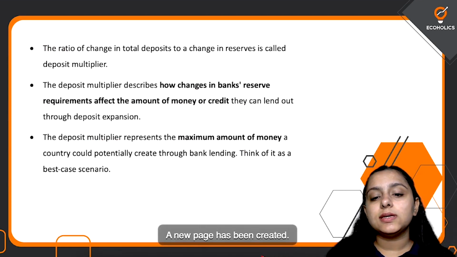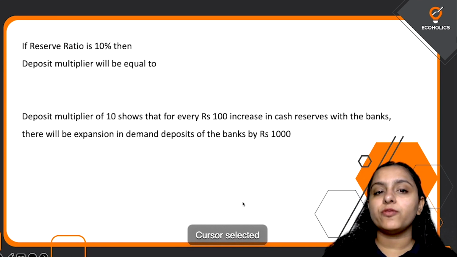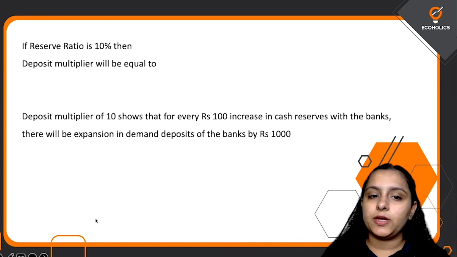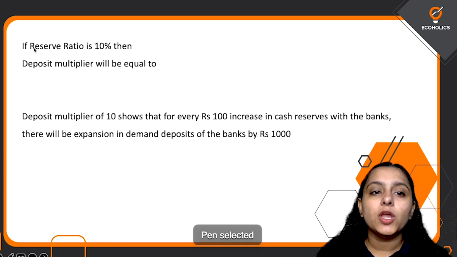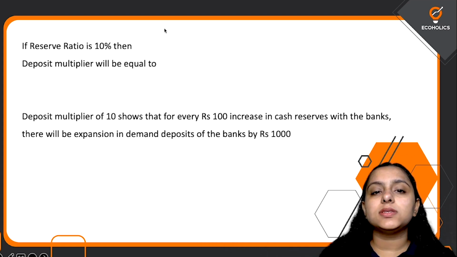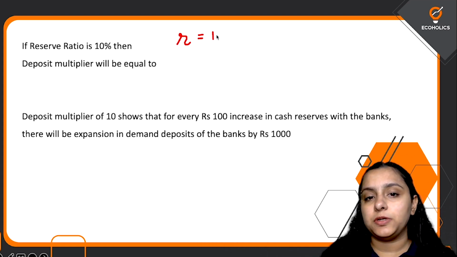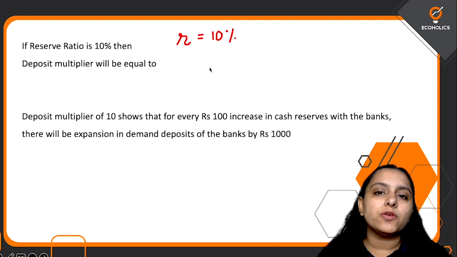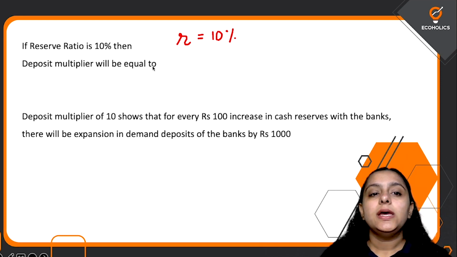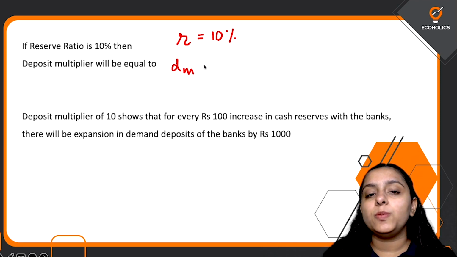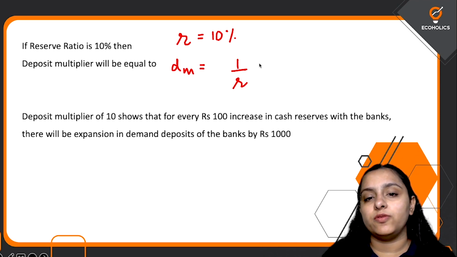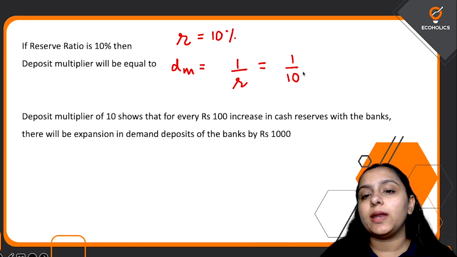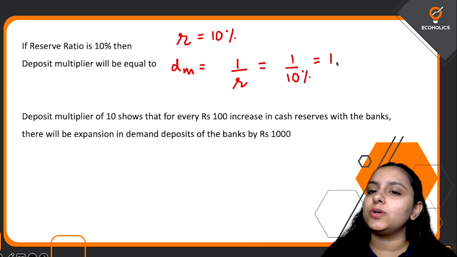Now, let's get to the values and the interpretation of the deposit multiplier. For example, if your reserve ratio is 10%, it means the banks are required to keep 10% of their deposits in reserves. Then your deposit multiplier will be equal to 1 upon the reserve ratio, which means 1 upon 10%, which equals 10.